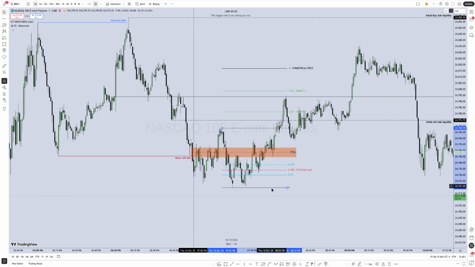Now what is my target for the Asian session trading? I told you I'm looking for a move that will give me a negative 1 standard deviation or a negative 1.5 standard deviation, but half of that range between the negative 1 and the negative 1.5 standard deviations is the most efficient take profit you can take.